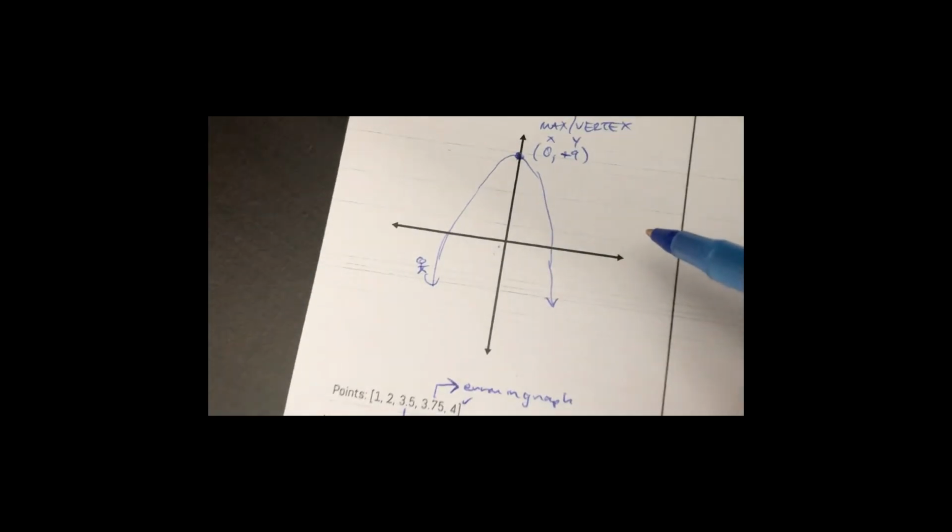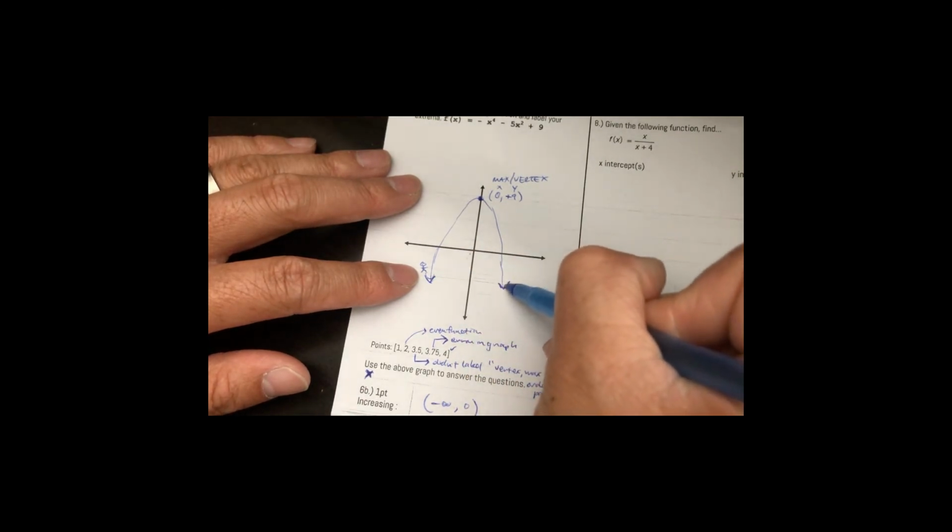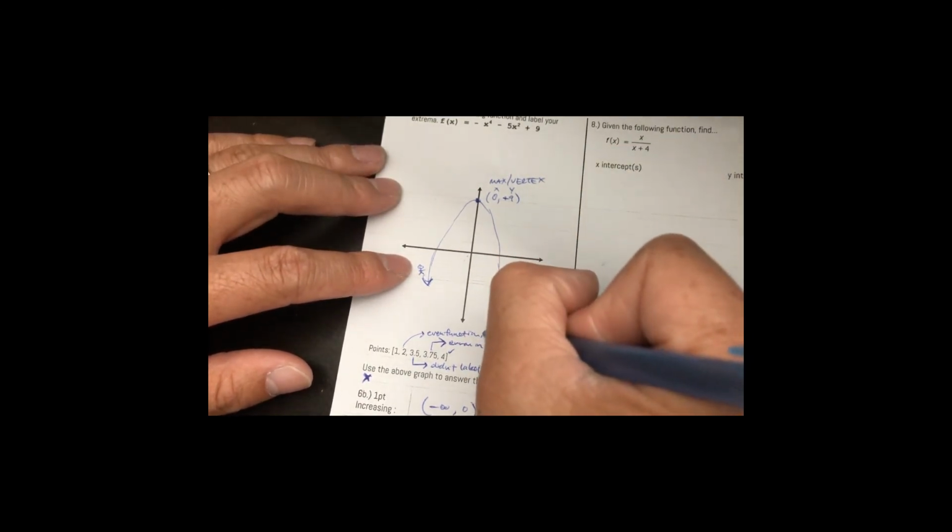I might give you 2 points if you knew that it was an even function. Even function just means that the arrows are in the same direction, or something correct.